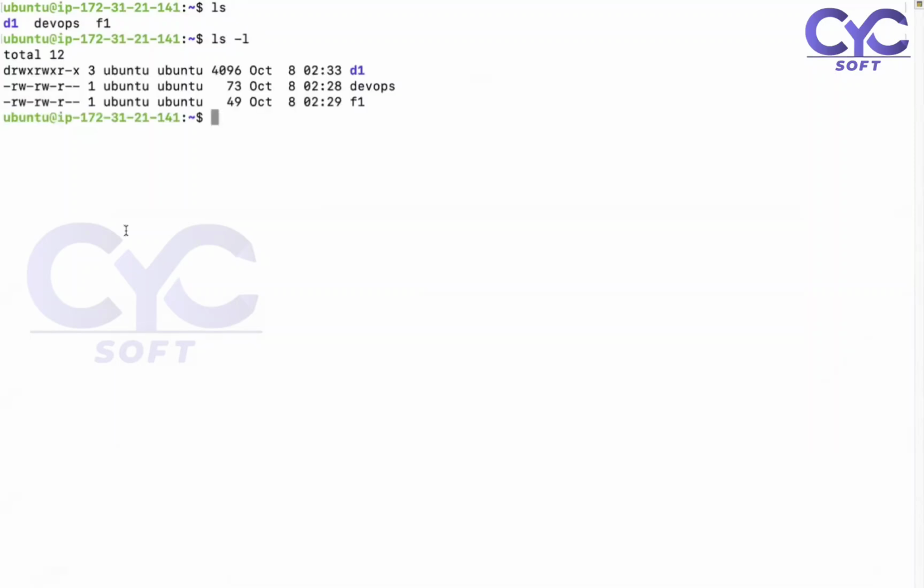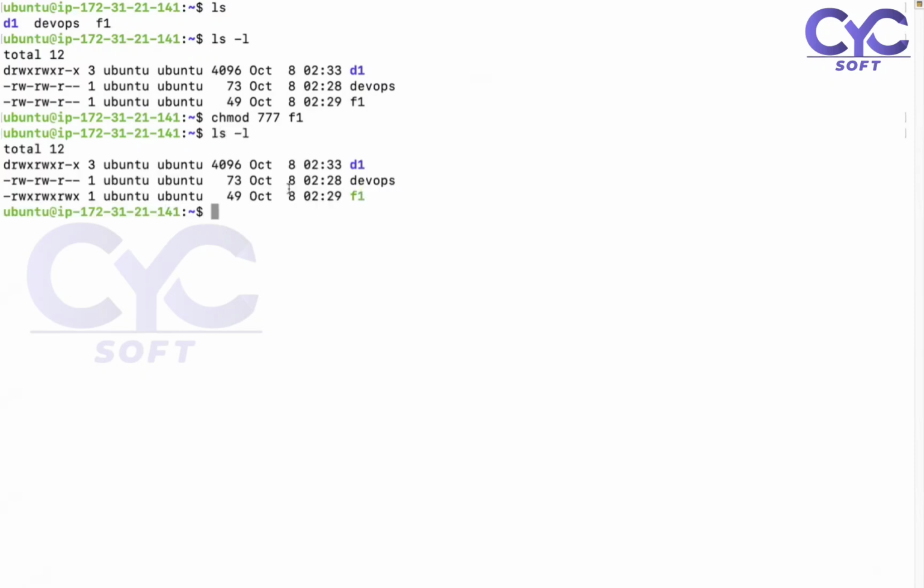I want to change F1 permissions, without disturbing the previous permissions. For this, I use change mode 777 F1, that is the source file. If I run ls -l, see here, the file permissions have been changed successfully.